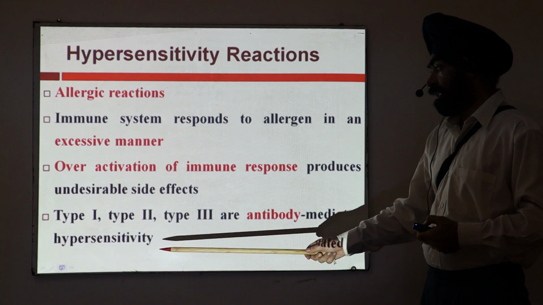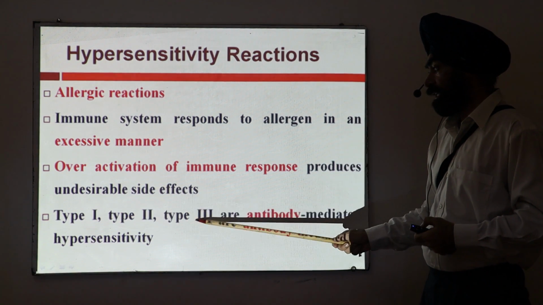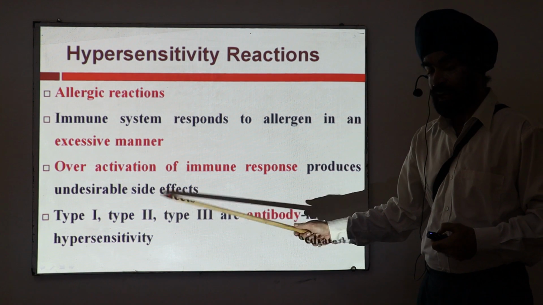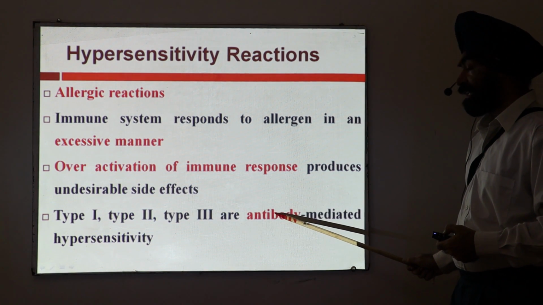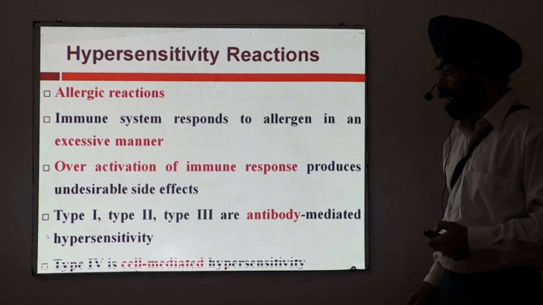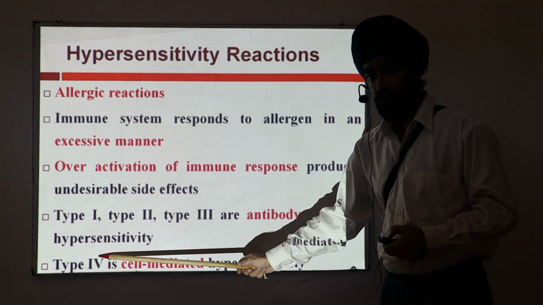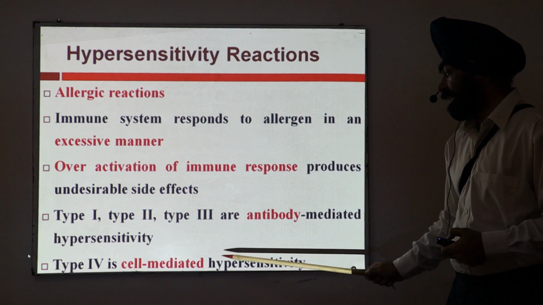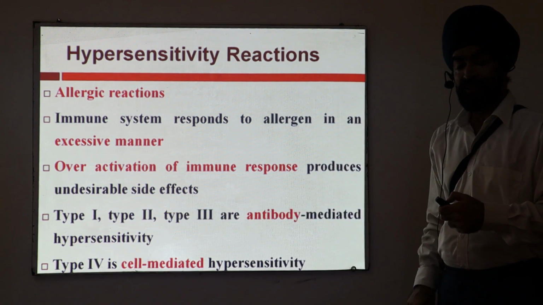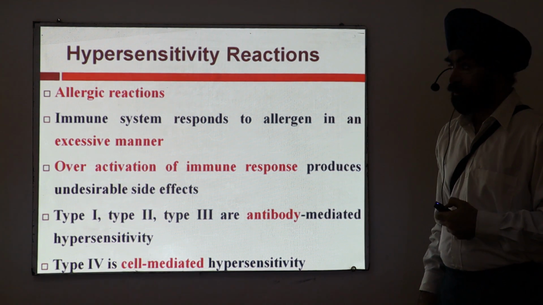If we see type 1, 2 and 3, all these hypersensitivity reactions are because of antibodies. These are antibody-mediated hypersensitivity. But the fourth one, type 4, is actually a cell-mediated hypersensitivity. We will discuss these hypersensitivity reactions one by one.